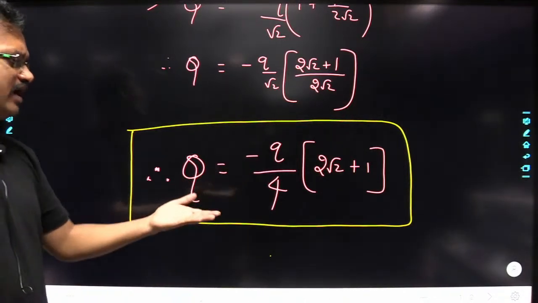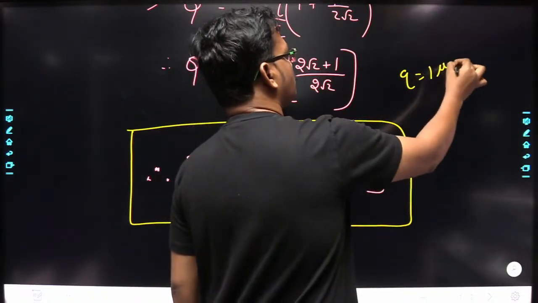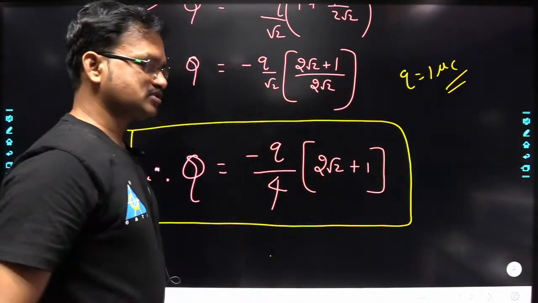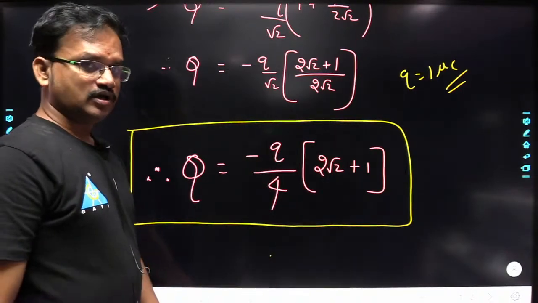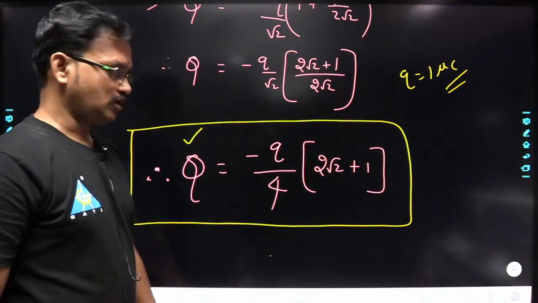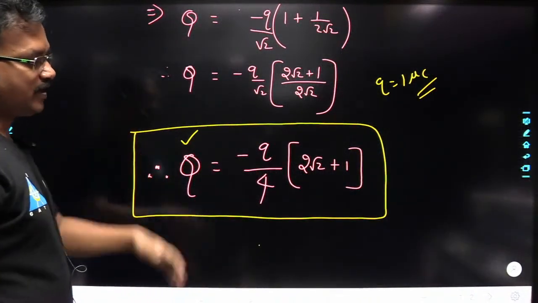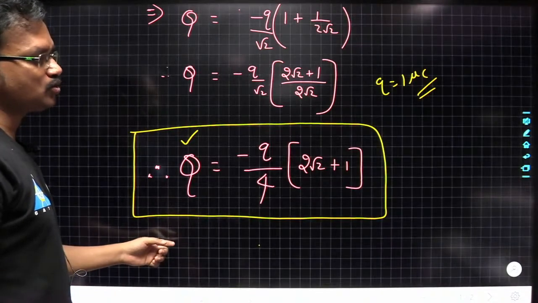Okay. Now they may give any value here. If suppose they have given Q is equal to 1 microcoulomb, just substitute in this expression, so that you will get capital Q value. Understood? So finally what we got here? Q is equal to minus Q by 4 into 2 root 2 plus 1.